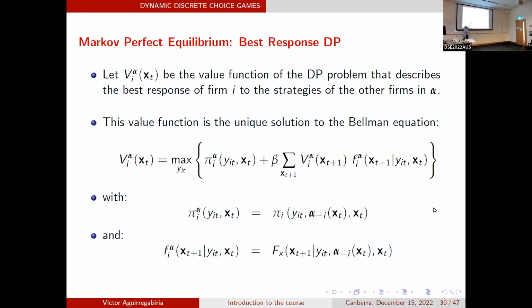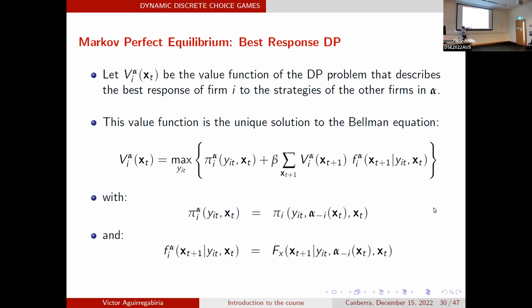What this payoff function pi alpha means is the payoff if I take action y as player i and the state is x, taking into account that the actions of the other players are given by their strategies. Similarly, this is the transition of the state variable as if we were in a single-agent model.